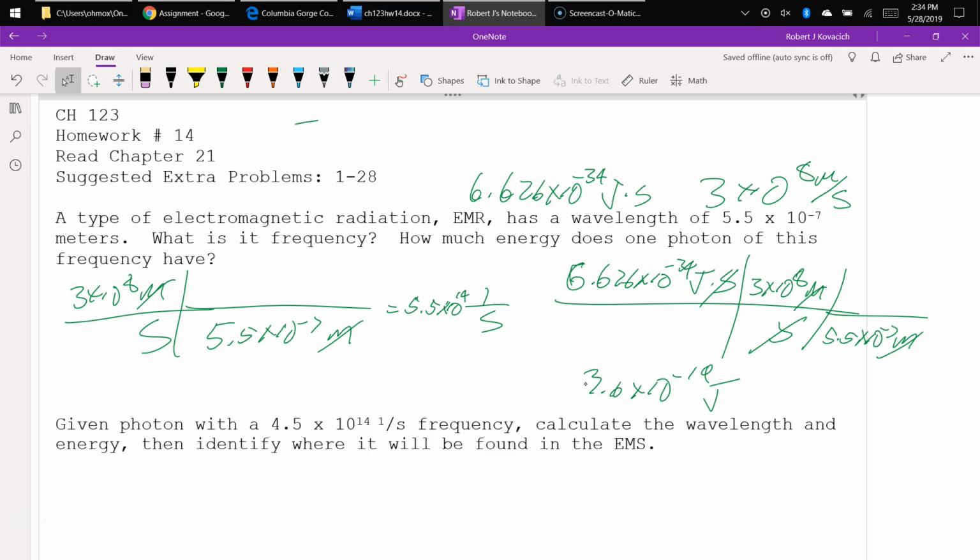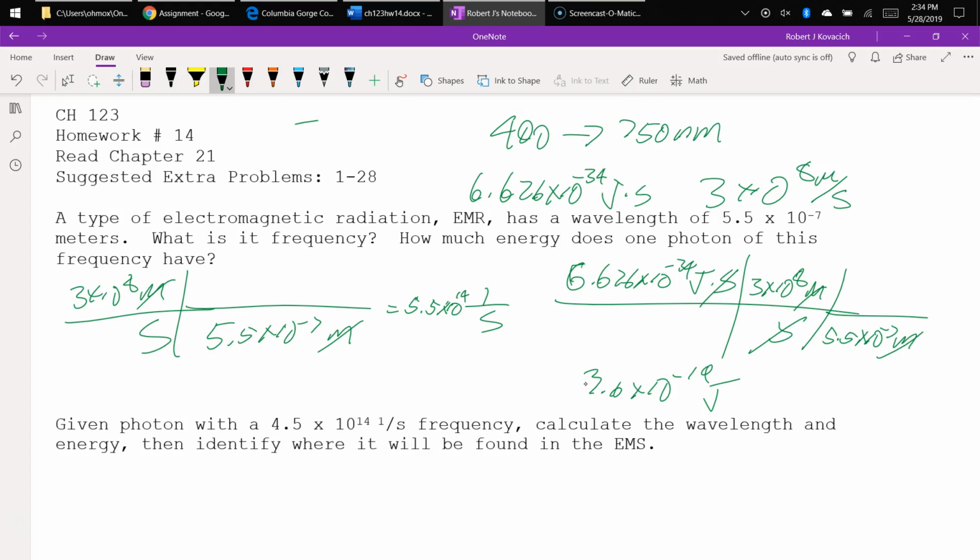Okay. How was I supposed to figure out where it was in the electromagnetic spectrum? You could have pulled up a spectrum, or you could have remembered that it was 400 to about 750 nanometers for the visible spectrum.